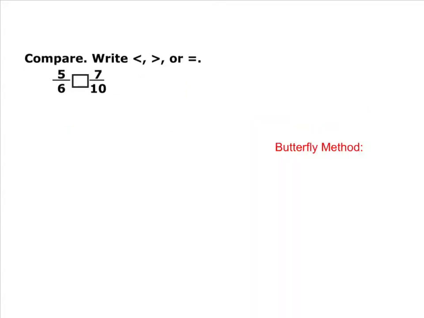Okay, the butterfly method. If you look right here, I have the butterfly method. There's nothing under there, but let me show you what it's talking about. When we're comparing our two fractions, for example on this one, our 5/6 and our 7/10, we are going to cross multiply.